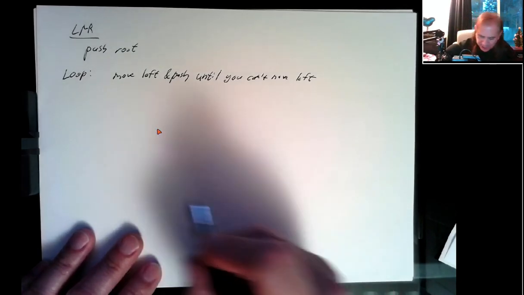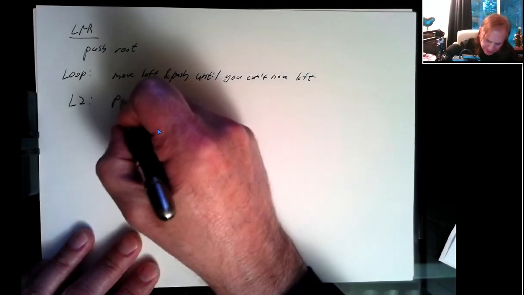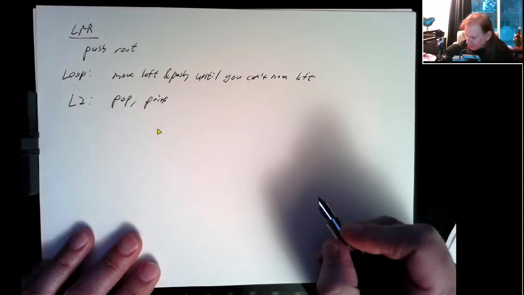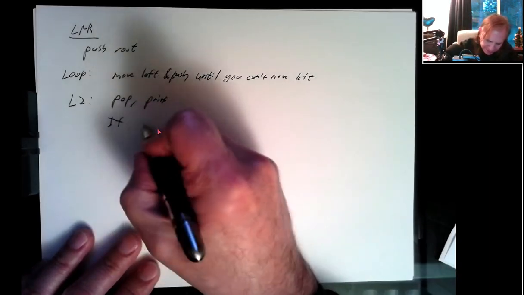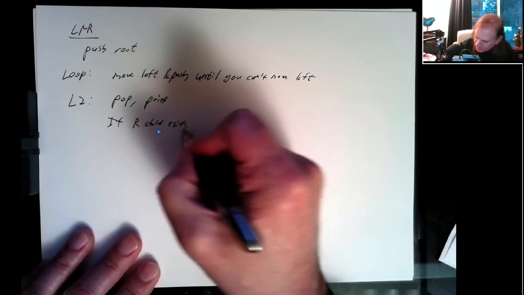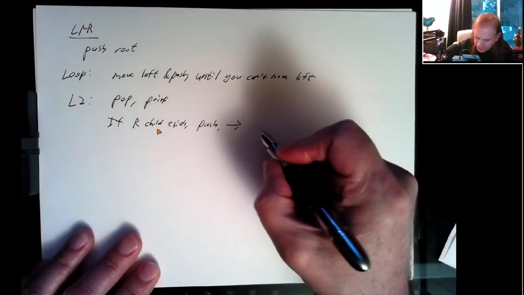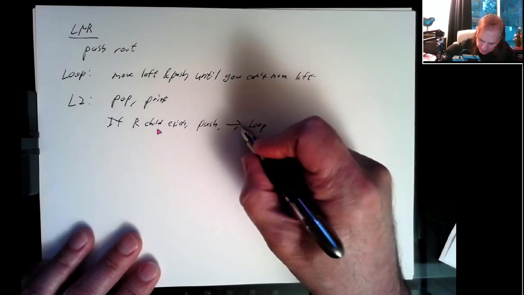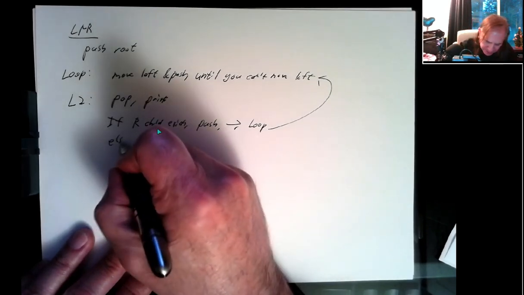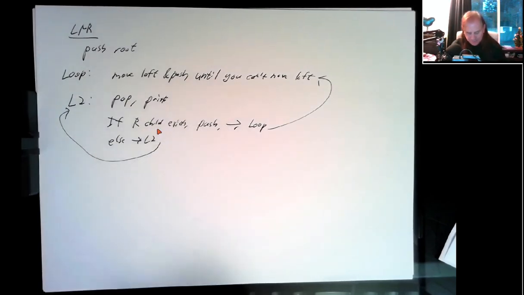So that's our main loop, and then we're going to hit a sub loop L2, which says pop from the stack, print whatever value we popped, and then if right child exists, push and go back to loop. So come back up here. Otherwise, go to L2. So come back up here.